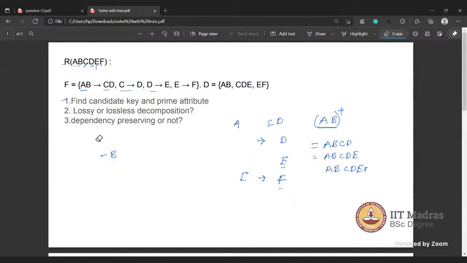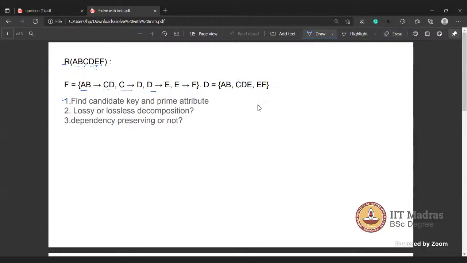lossy or lossless decomposition. If you remember the lossless decomposition, there are three conditions. First condition, R1 union R2 must be equal to R. The second condition, R1 intersection R2 does not equal null.